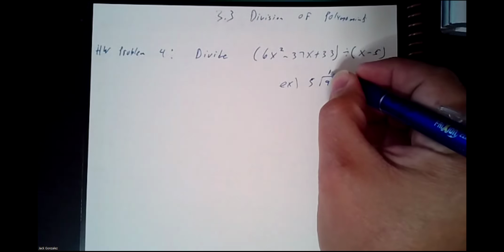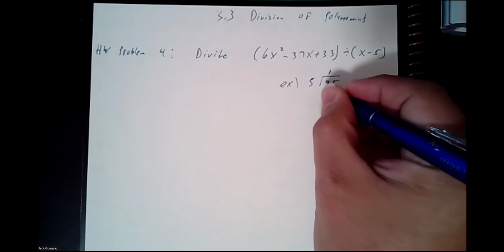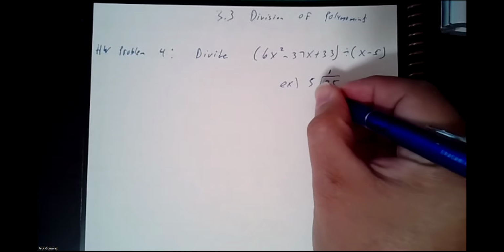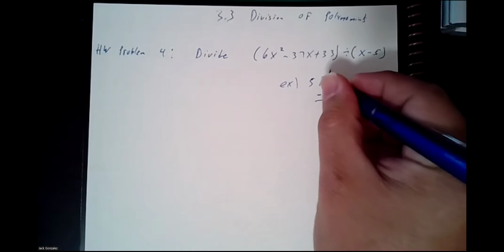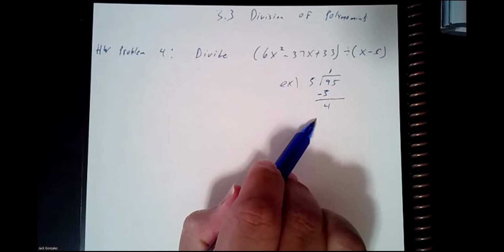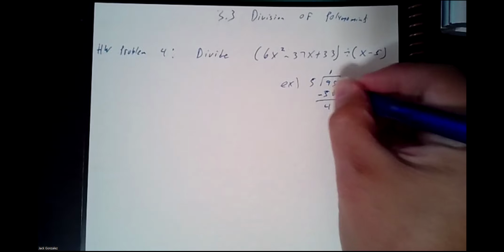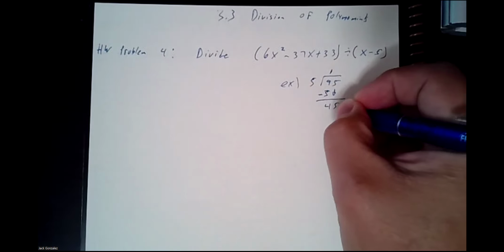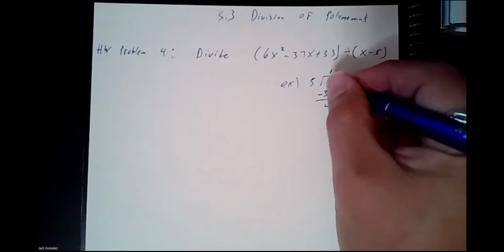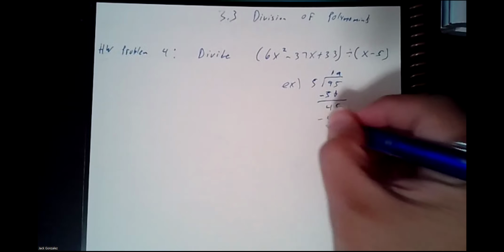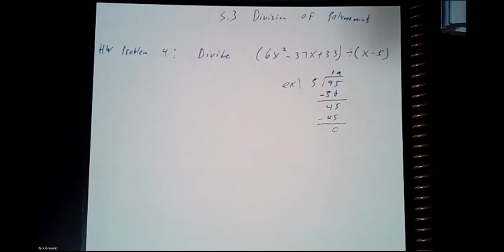Then you do the pattern, 1 times 5, with the 5 underneath, and then you switch the sign. 9 minus 5 is 4. Now, is 5 going to go into 4? No, it doesn't. Bring the 5 down. 5 goes into that 9 times. 9 times 5, and your remainder is 0. Now, if there was a remainder, you would have a fraction.